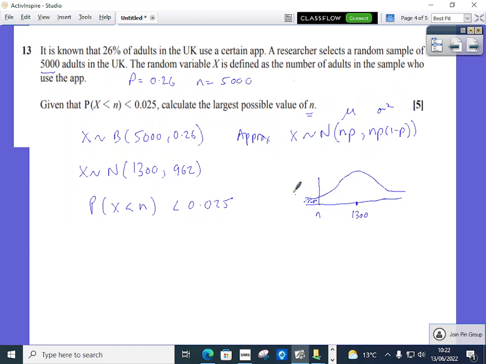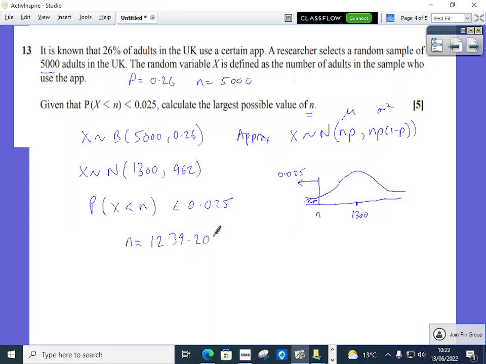If you then plug in this area here, going from there to there, it is 0.025. If you put in these conditions, and don't forget to square root the variance, this is inverse probability, and your calculator will give you N. Mine gave me 1,239.